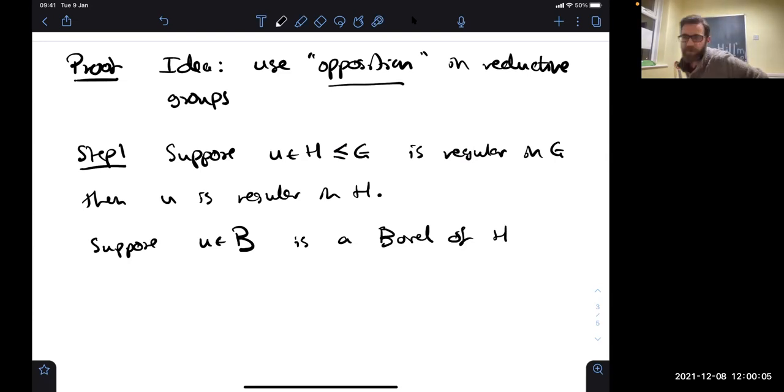Okay, well then I want to use the fact that U is regular in G, so I need to blow B up to being a Borel of G, but that's fine.